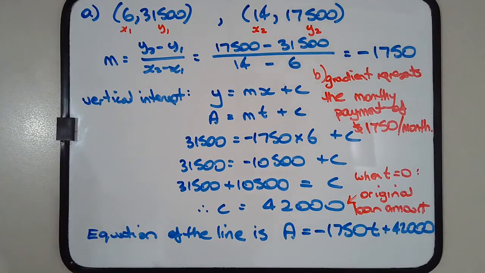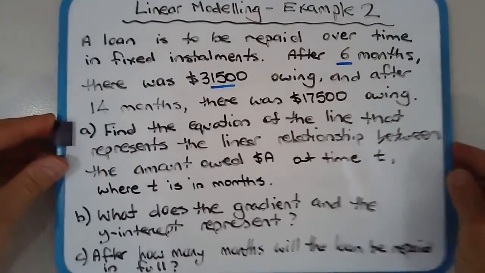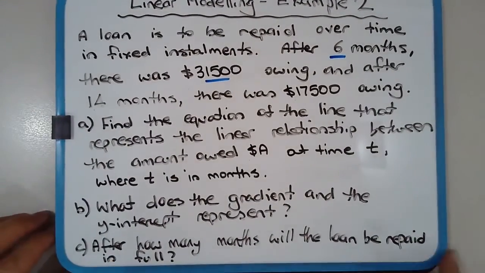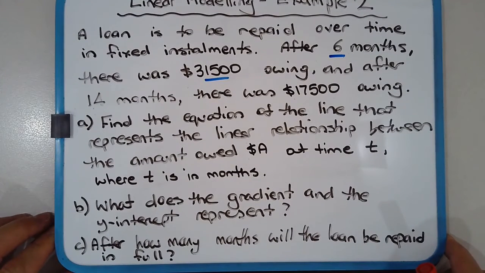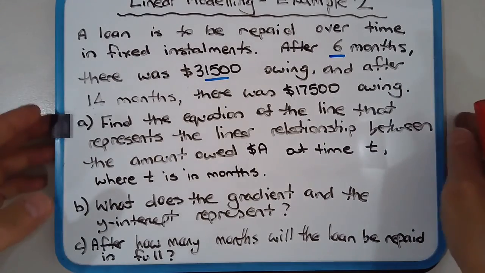So what about part C? After how many months will the loan be repaid in full? So there's the final part there. I guess the question is, when the loan is repaid in full, what is the value of A?